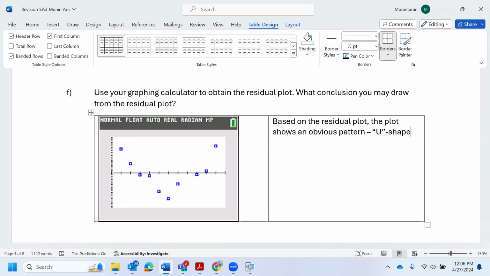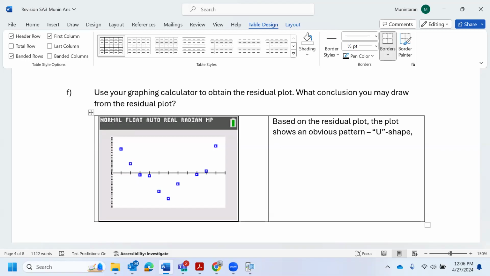The plot shows an obvious pattern. We can see there's a U shape. That means it's not randomly scattered. If you want, you can just write it that way and draw the conclusion.